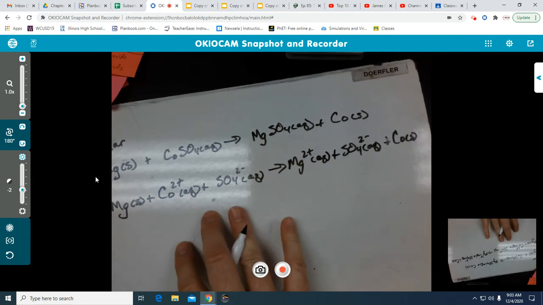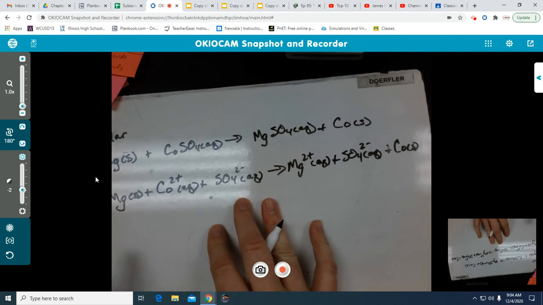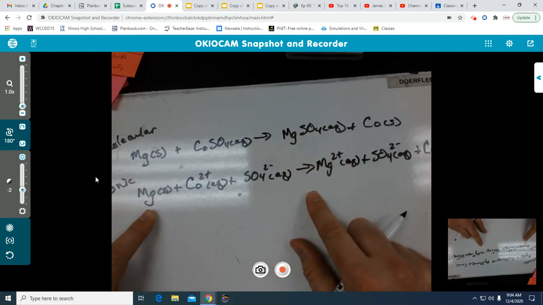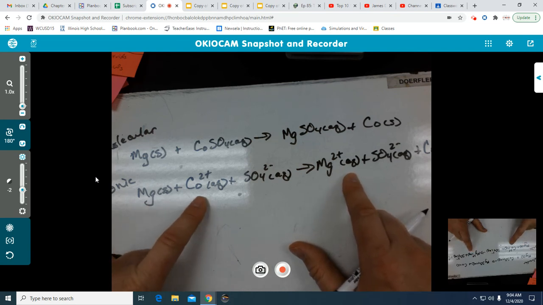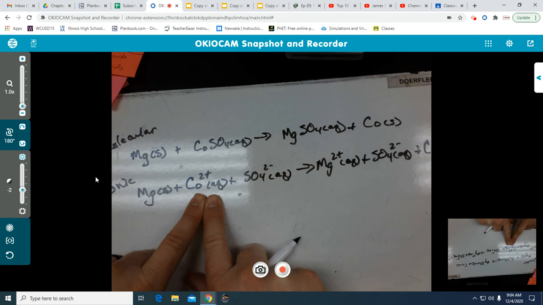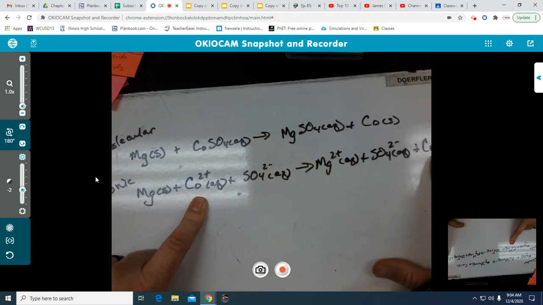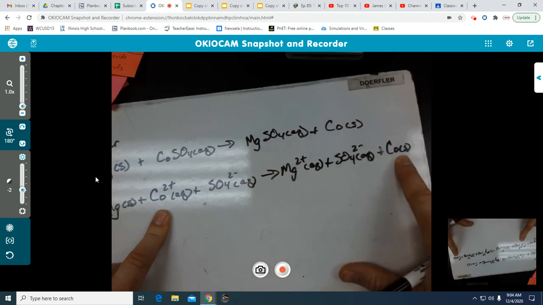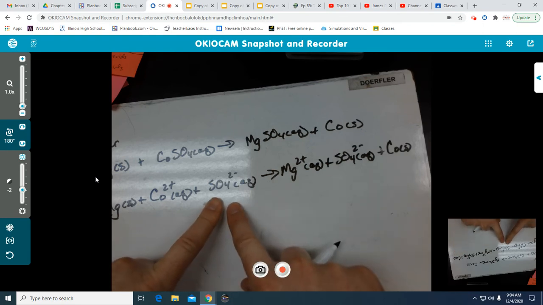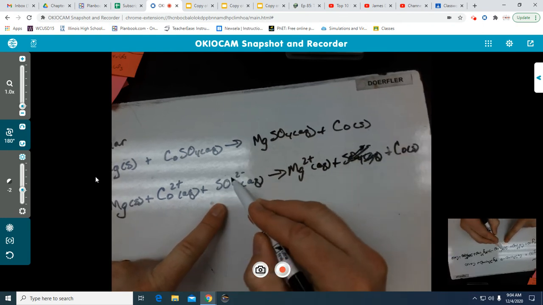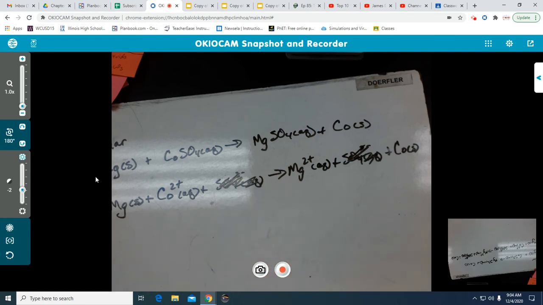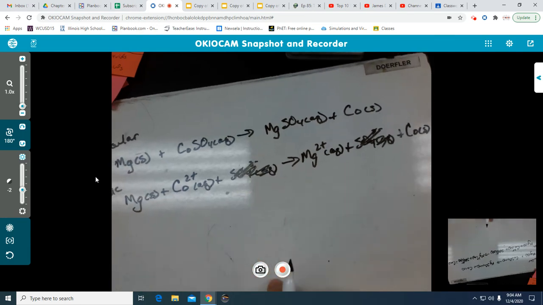Now we have to identify who the spectator ions are. Well, magnesium went from 0 to 2+, so that changed, and it also went from solid to aqueous. Cobalt went from 2+ aqueous to an elemental form, solid. And sulfate didn't change at all. It is the same on both sides. So that is our spectator ion.